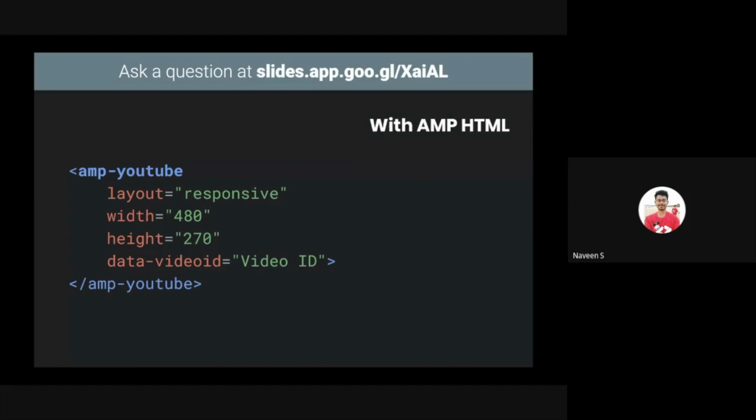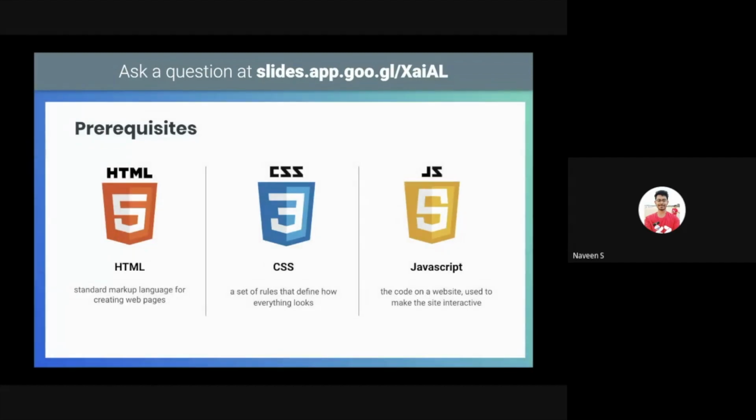You just mention the layout, the width and height, and provide the video ID. You have something like youtube.com slash a character set, and that is the video ID. You just put the video ID there, and that video is going to be embedded in your AMP website. You don't have to provide the URL or do the iframe and add custom styling there.